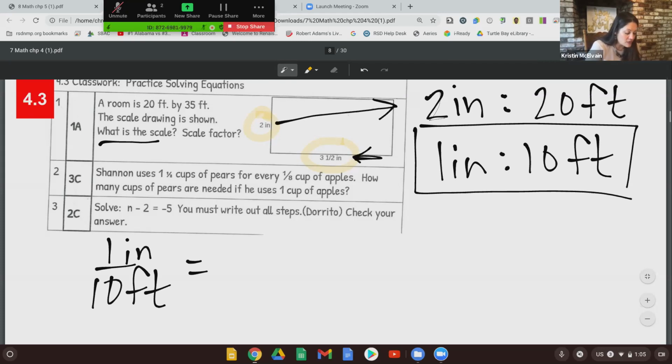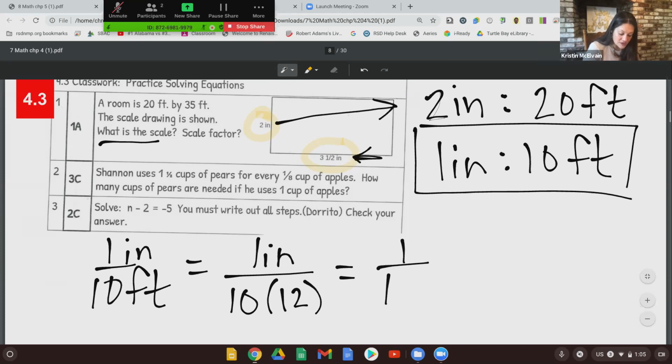We still have our 1 inch on top. And down here, how many inches are in a foot? 12 inches. Good. So we're going to say 10 feet times 12 inches. And that's going to give us a scale of 1 to 120, which we write the same way that we did the scale, 1 to 20.